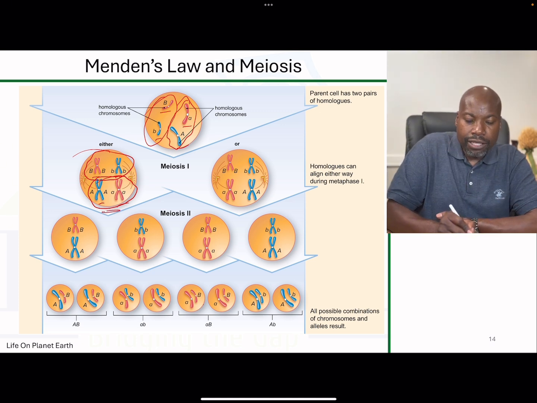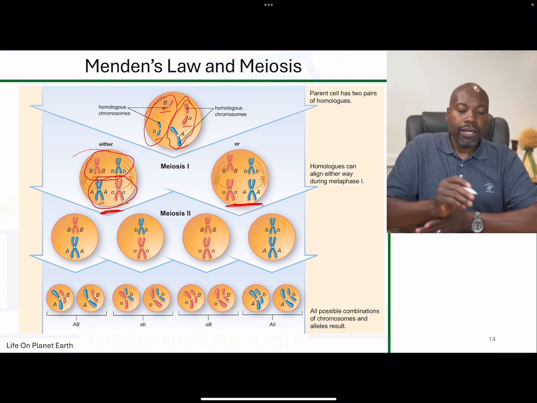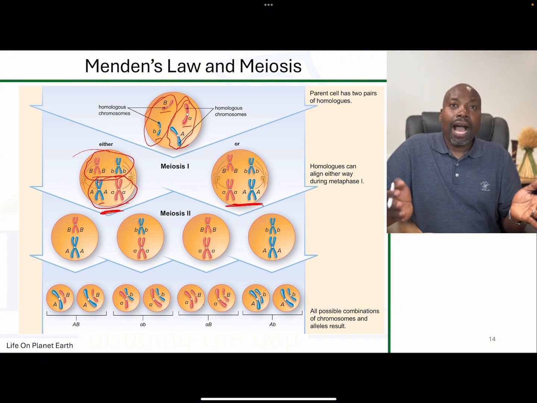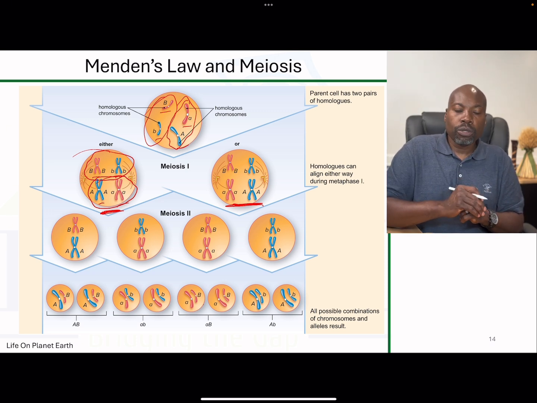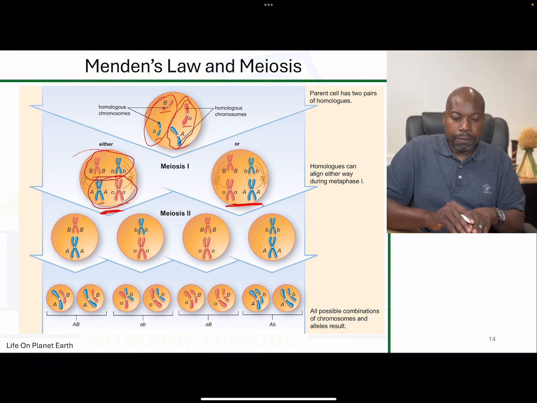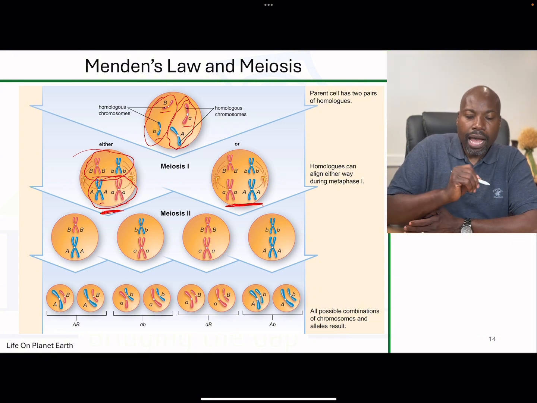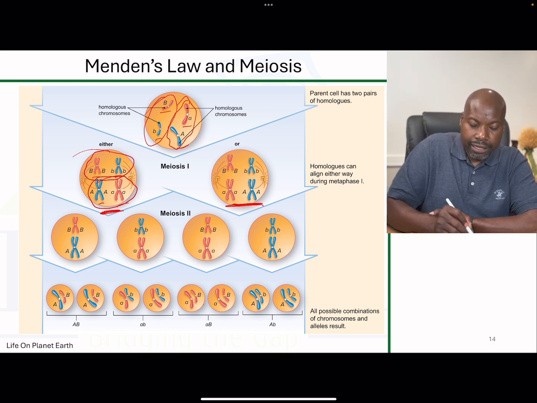We have this possibility of line up, and we have this possibility of line up, okay? These two possibilities are going to boil down to the type of gametes we are going to obtain at the end of meiosis 2, right? So at the end of the day, we are going to have the following possibilities.